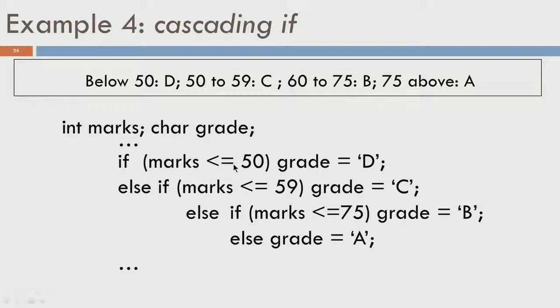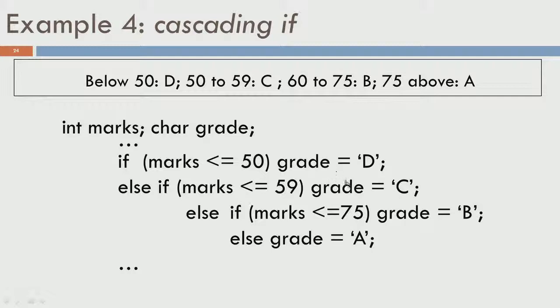If marks is less than or equal to 50, then grade is D. So, if it is less than or equal to 50, I assign the grade D. Else if marks is less than or equal to 59, then grade is C. Else if marks is less than or equal to 75, grade is B, else grade is A. So, what is happening is, only one of these will be true. If you enter a mark here, only one of these things will be true, and only one blob of code will execute.